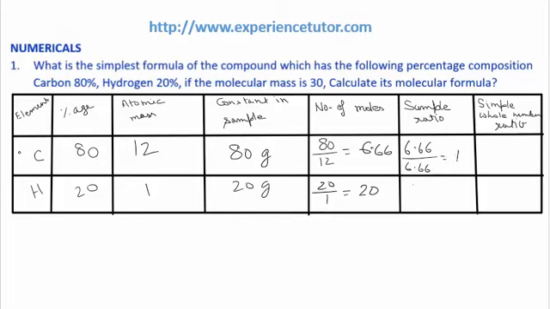Here 20 upon 6.66 is equal to 3, and simple ratio is 3 now. So empirical formula is equal to CH3.